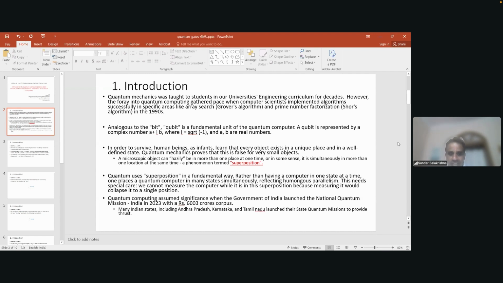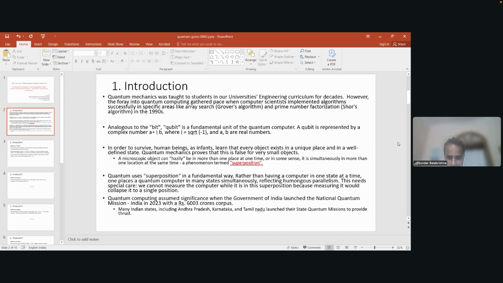This phenomenon is called superposition, and quantum computing uses superposition in a very fundamental way: rather than having one computer in one state at one particular time, a quantum computer can exist in many states simultaneously, reflecting parallelism. That means we have to write programs and algorithms for parallel machines.